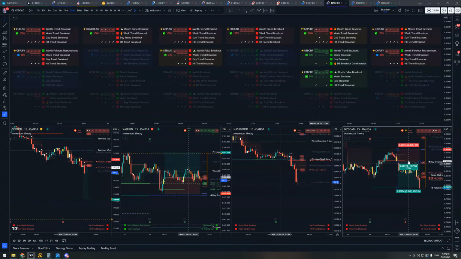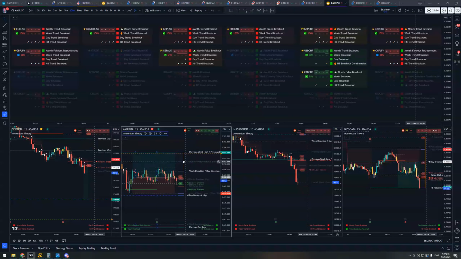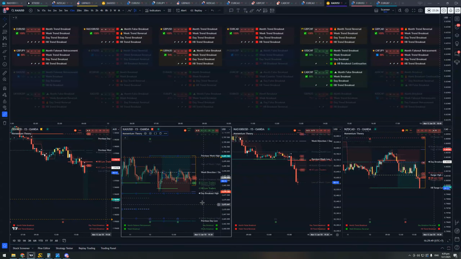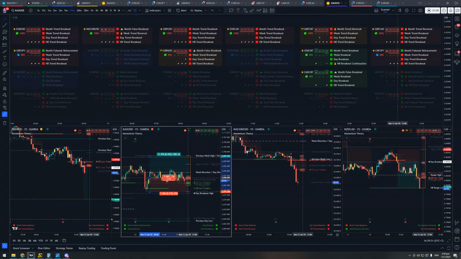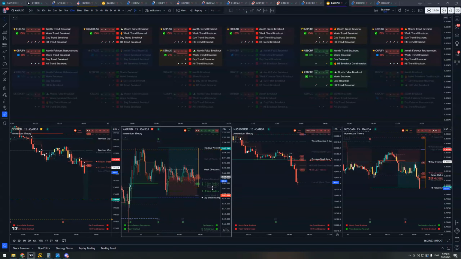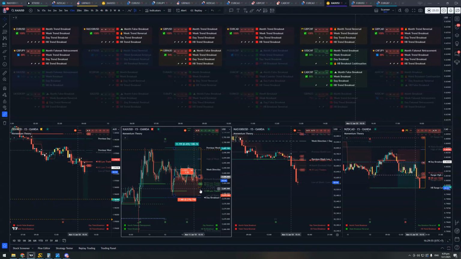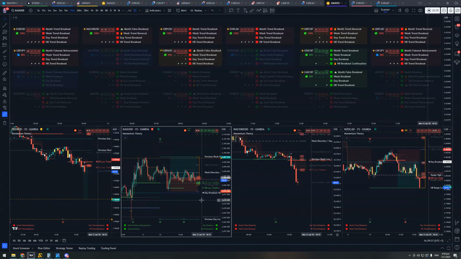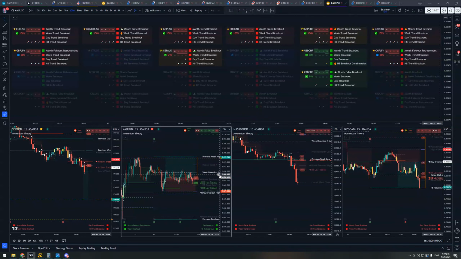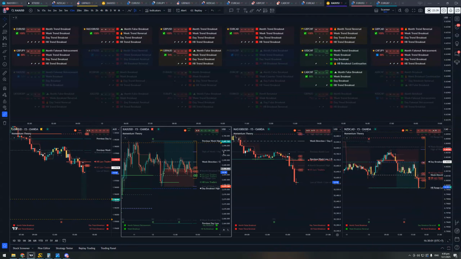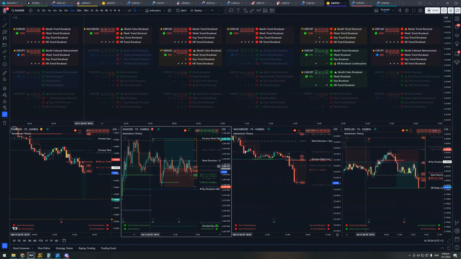And that's it. So took 2R on this one. Still kind of stuck on gold. I might think about exiting this if it just continues not to do anything for me, because I don't want to have my margin kind of stuck in this one. But let me just let this keep going for a bit.